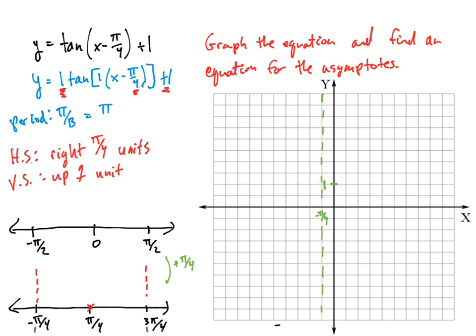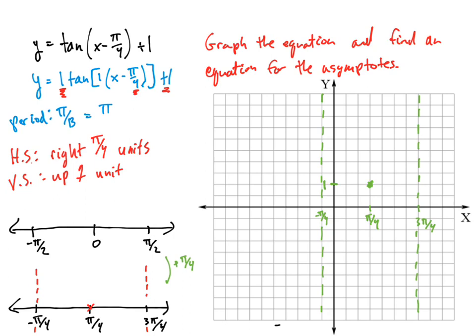And then we'll have an asymptote at 3 pi over 4. And then it's crossing the horizontal axis in the middle of that period length, which is pi over 4. So I want to put it here because that's where it's shifted up 1 unit.